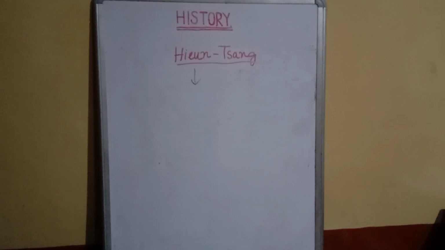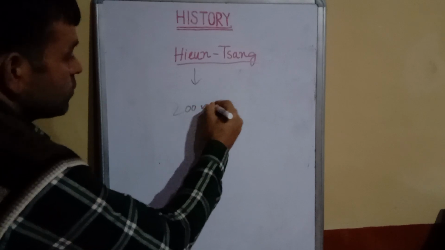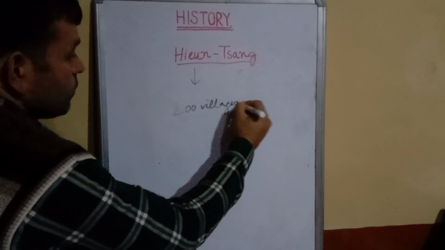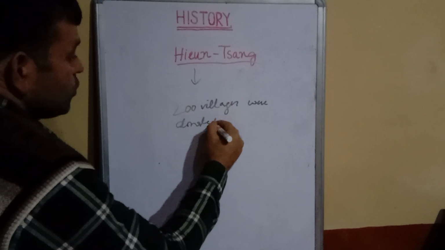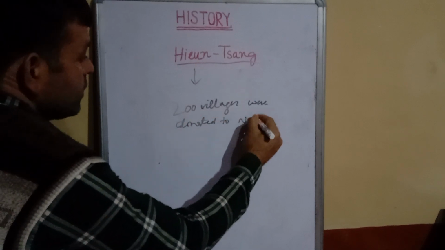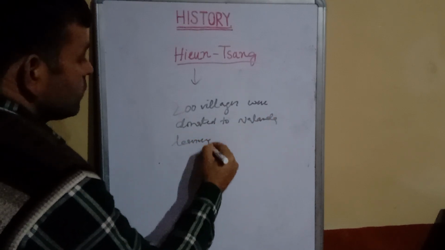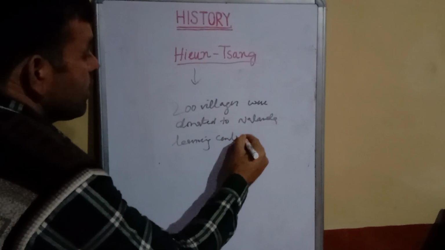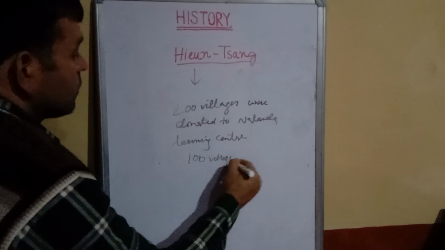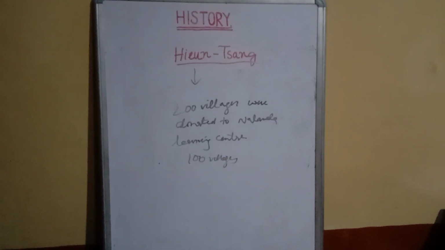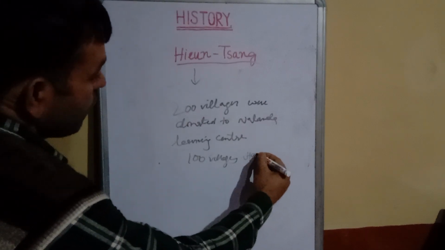200 villages were donated to Nalanda Learning Center by different people, among which 100 villages were given alone by Harsha.